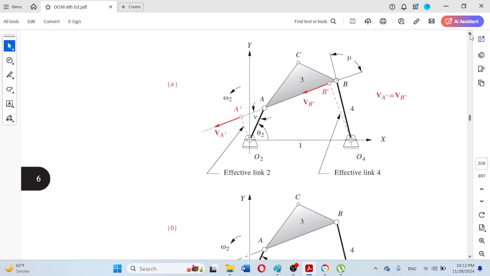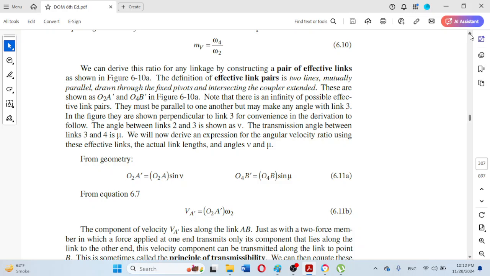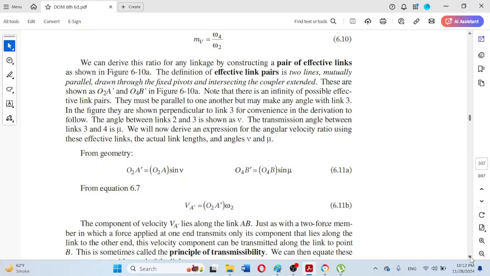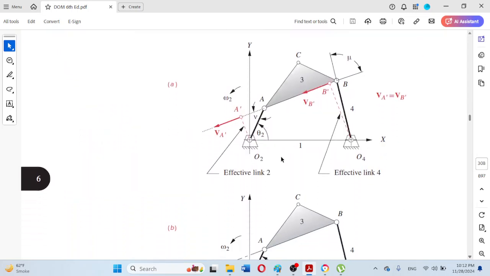As we can observe here, the author later states that in this figure these effective links are parallel, but they are also perpendicular to the extended coupler or connecting rod link.